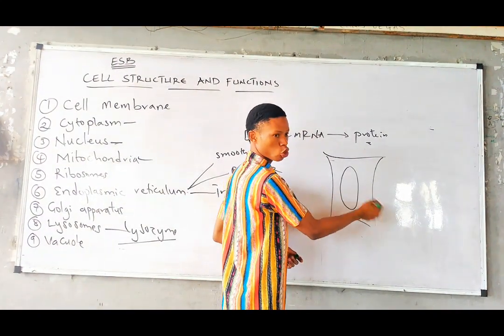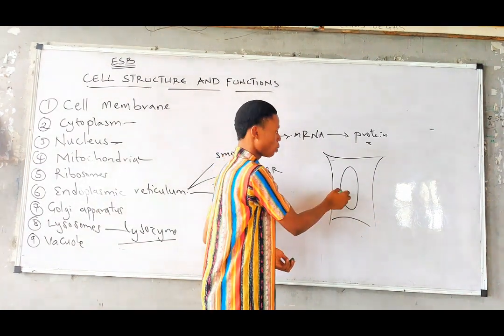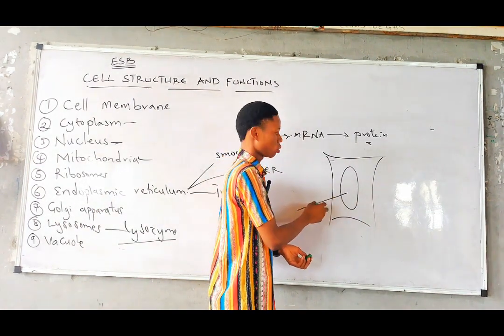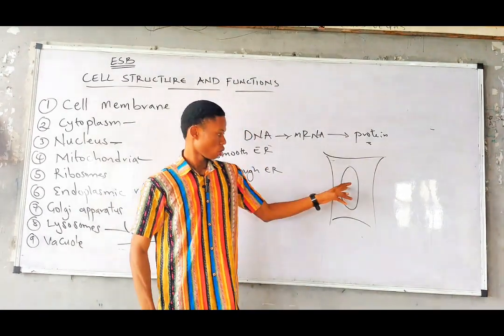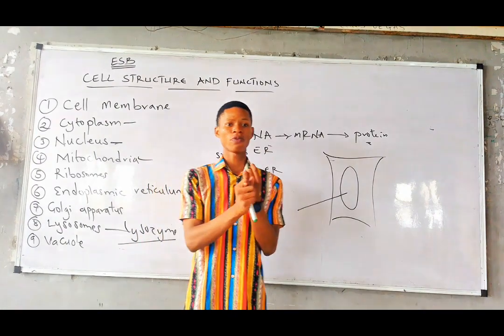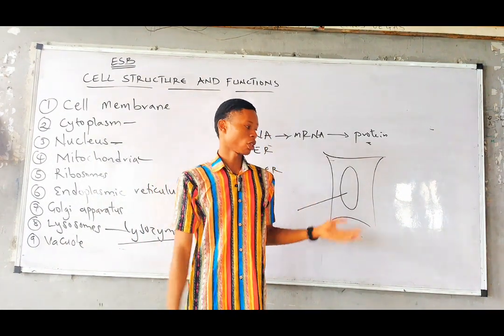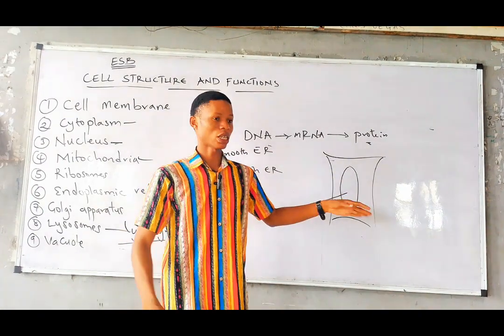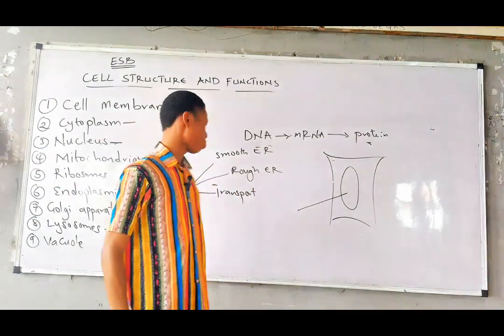The nucleus is pushed to one side. For animals, we have a very small one. But for plants, we have a large central vacuole that will make them resist that hydrostatic pressure. We have food vacuole that can store food, and water vacuole that contains water that will make them resist pressure, hydrostatic pressure.